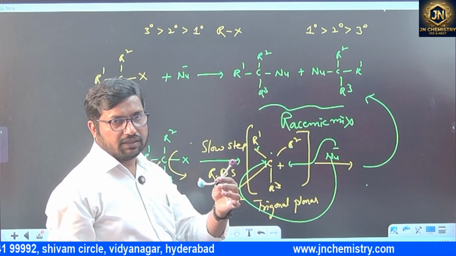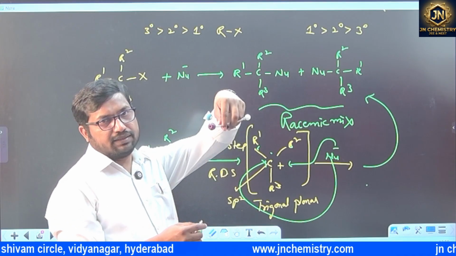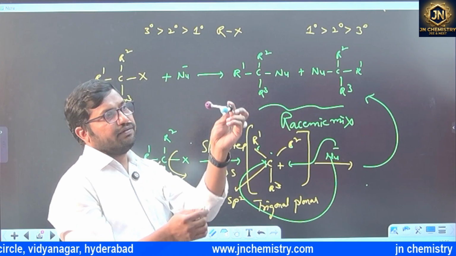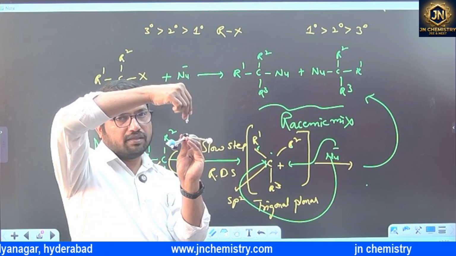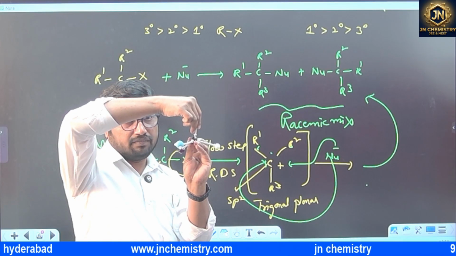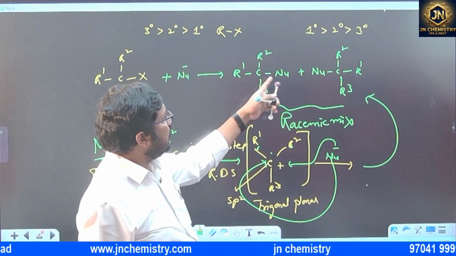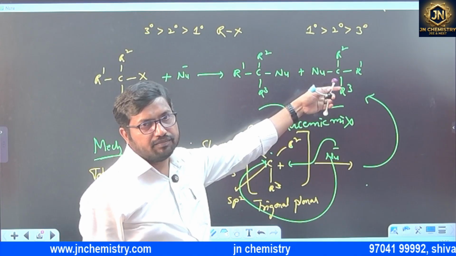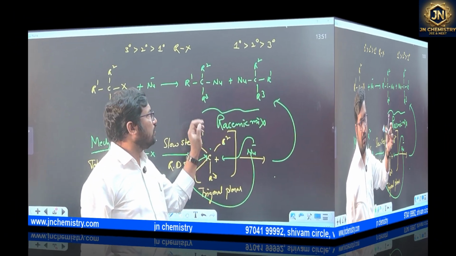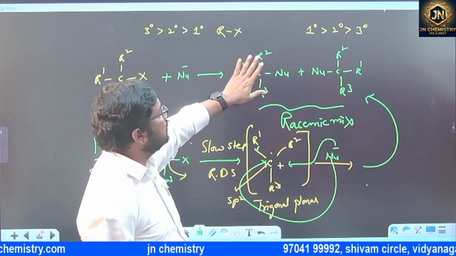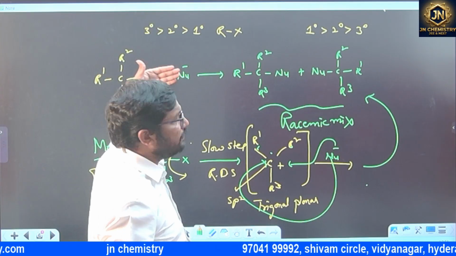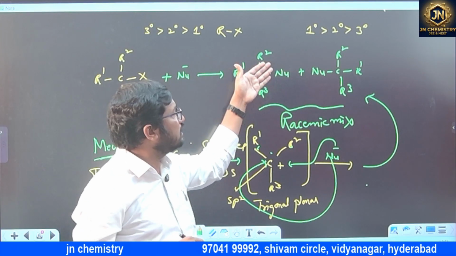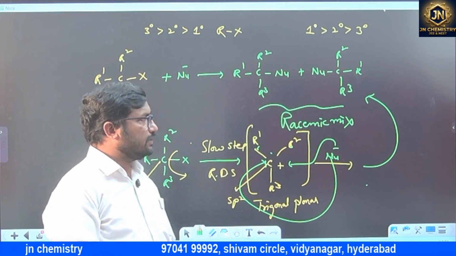Either from this side or this direction. So a racemic mixture means optically active; when we pass plane polarized light, one is clockwise, one is anti-clockwise.